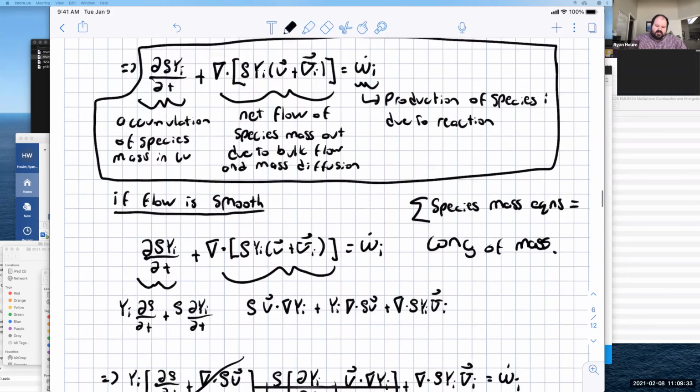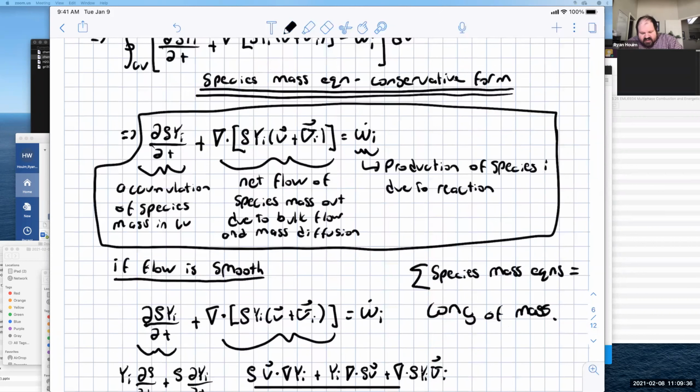In other words, if I have n species and I take all of these equations here and sum them up, you will wind up with a normal conservation of mass. That's basically because, A, you've accounted for all of the mass, but B, by definition, the sum of the mass fractions has to be 1.